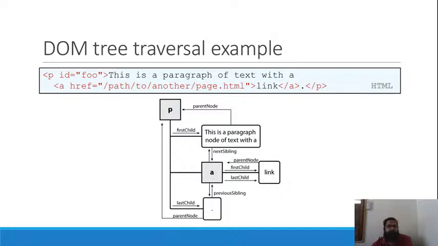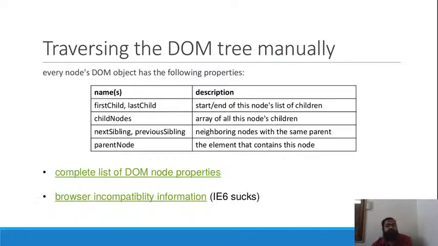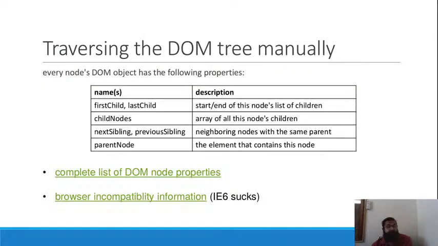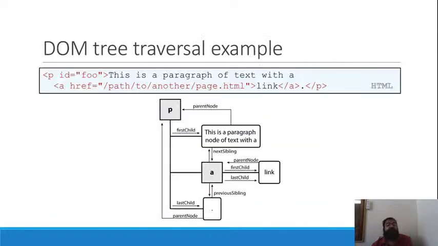So you have a paragraph node, and inside that a child node A, and you can have the first child and the last child for the link. This is the kind of relation we can see from the types of nodes we have seen so far, and how we can actually traverse the nodes.